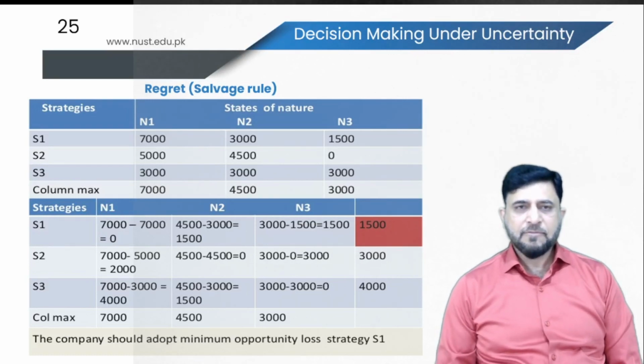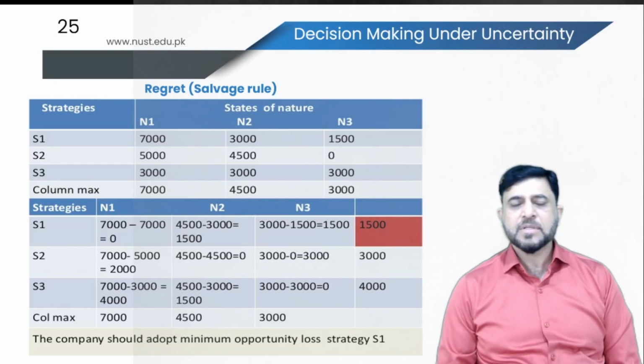In the same way we have calculated it for all the payoffs. When we have calculated, we found that the maximum regret for S1 is 1500, for S2 the value is 3000 and for S3 the value is 4000. So the company should adopt the minimum opportunity loss strategy. Where is the minimum opportunity loss? In strategy S1, which is only 1500. So in this way, we can choose strategy S1 with the help of regret value.